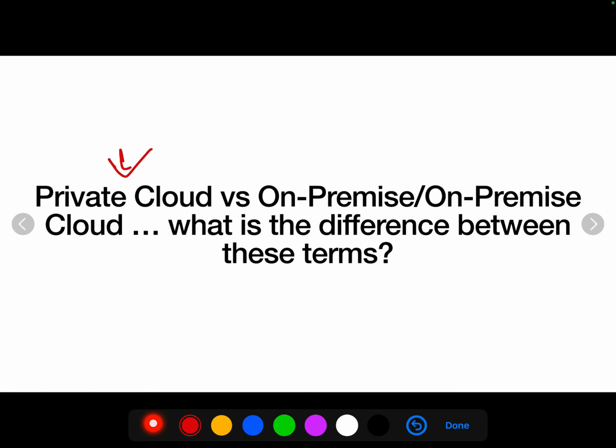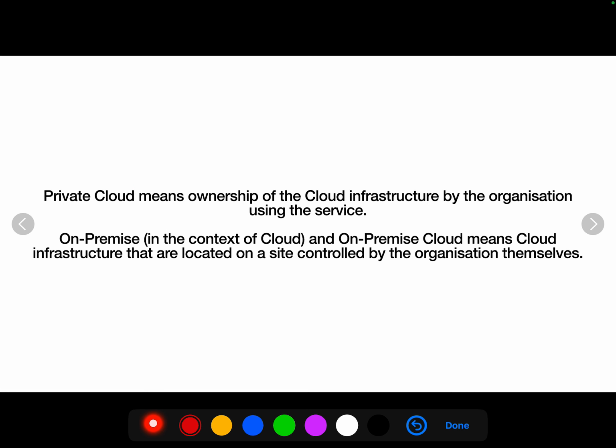What's the difference between these terms? Well, private cloud means ownership of a cloud infrastructure by an organization using a service. On-premise, when that term is used in the context of cloud, means the cloud infrastructure is located on a site that's controlled by the organization themselves.